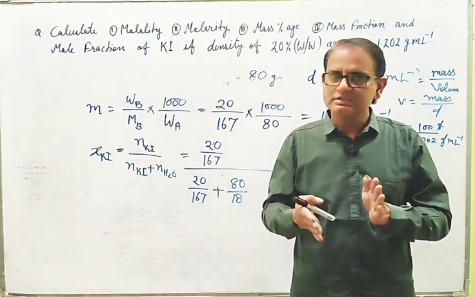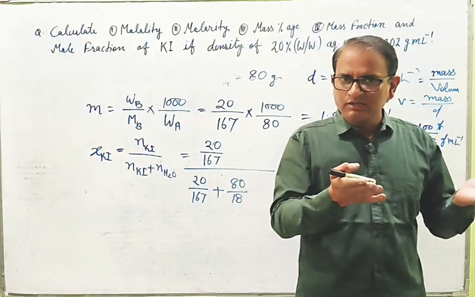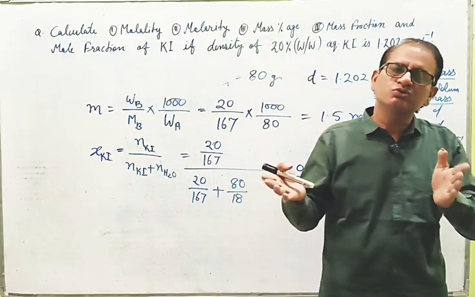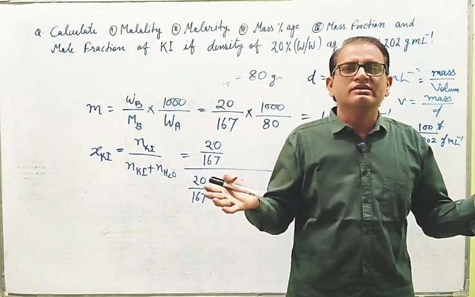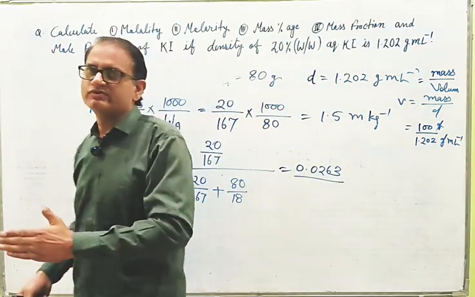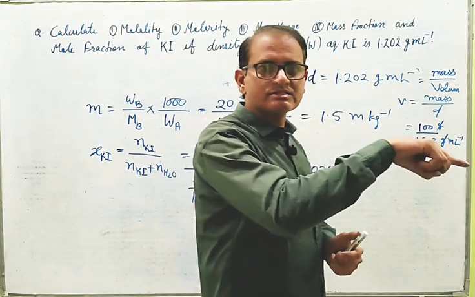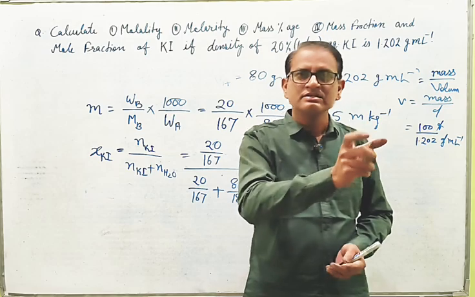Why? Because the interactions of NaCl are polar and the interactions of water molecules are also polar, so both interactions are the same, and that is why it dissolves.